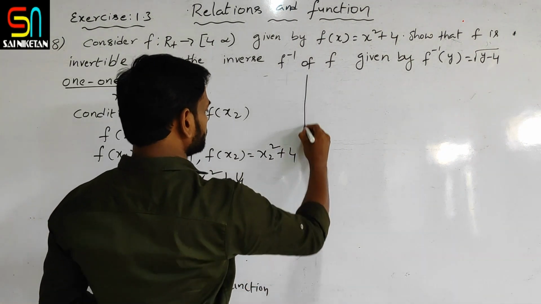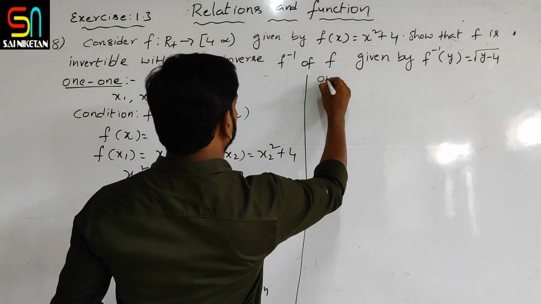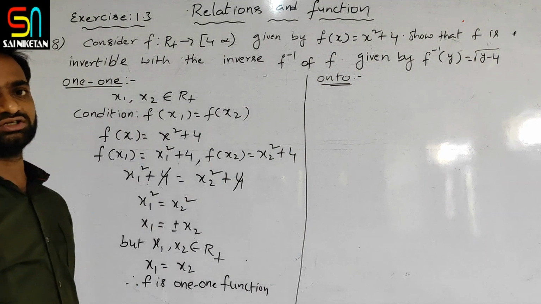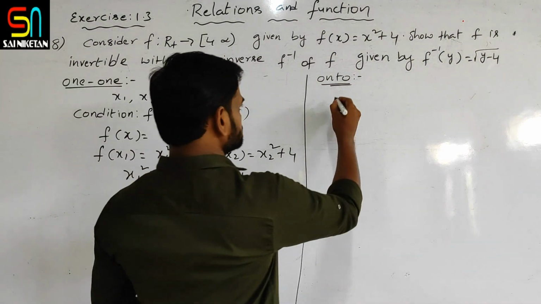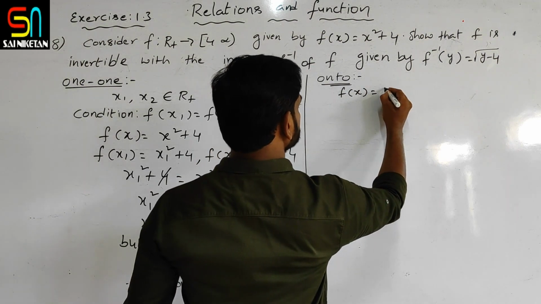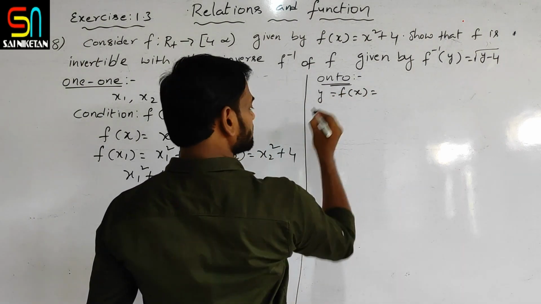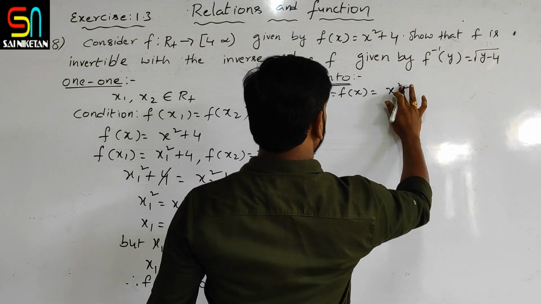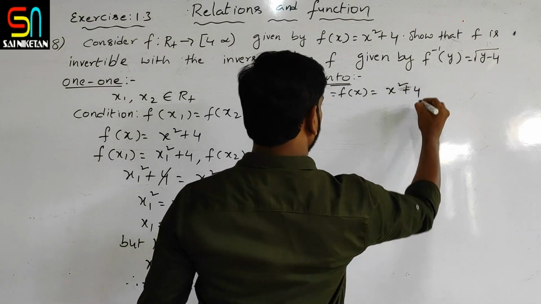Now I am checking onto. What about the onto function? Now see, I am taking the given function as y. That function is x square plus 4.